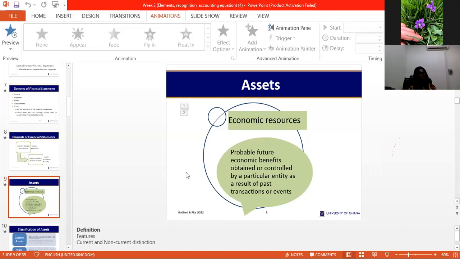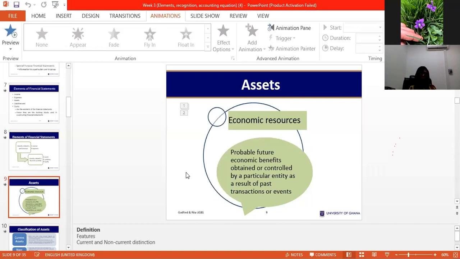Remember, the business entity is a legal entity separate from the owners. That legal entity has a resource, either through purchase, that is obtaining it, or controlling it, based on some prior transactions.